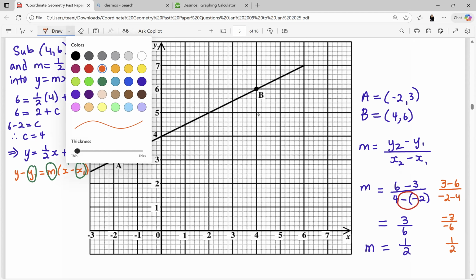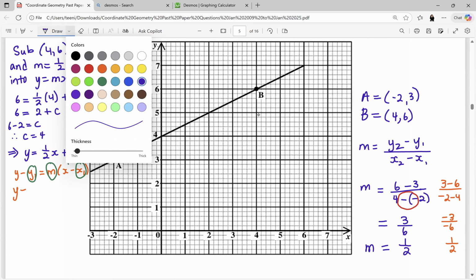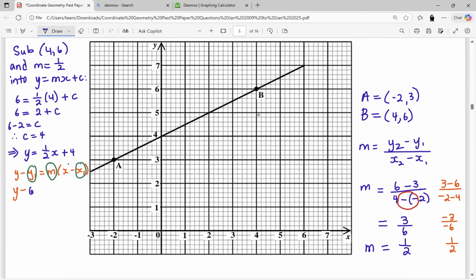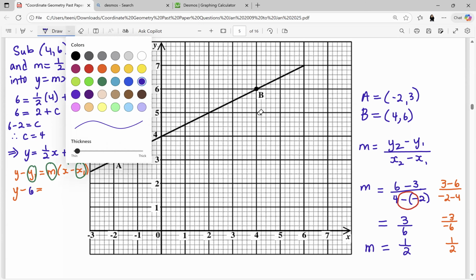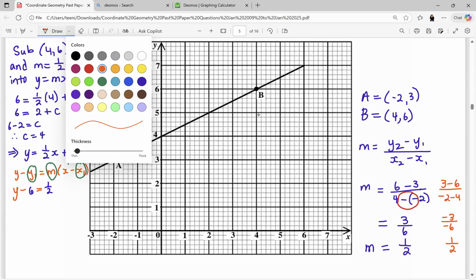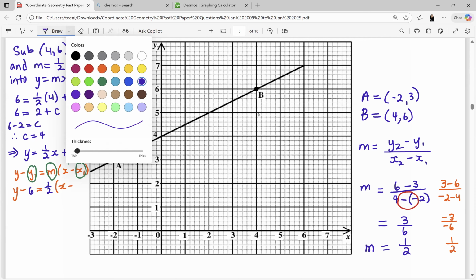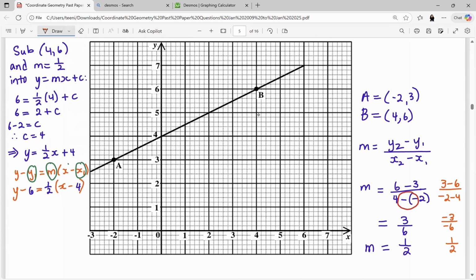Everything else remains the same. So y minus y1 would be the y coordinate that you're using. So y minus 6 is equal to m, which is a half, by x minus the x coordinate, which is in this case 4. All right, and then we work that out.